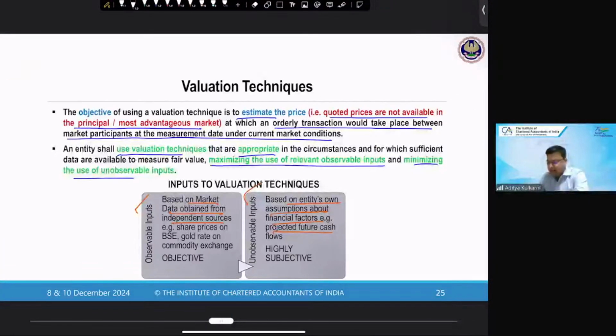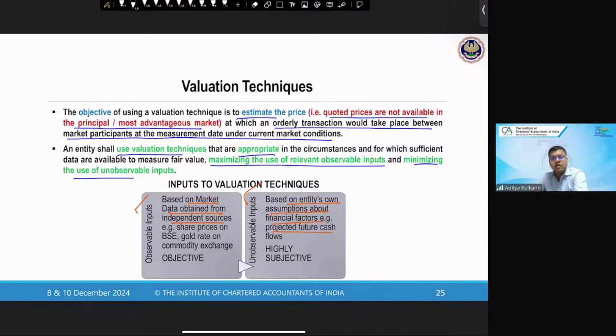Valuation techniques: when quoted prices are not available, we use these techniques to estimate the price. Now, when we talk about valuation techniques, there are two inputs. One is your observable inputs and the other is your unobservable inputs. The rule that we have to remember is we need to maximize the usage of observable inputs and minimize the usage of unobservable inputs.